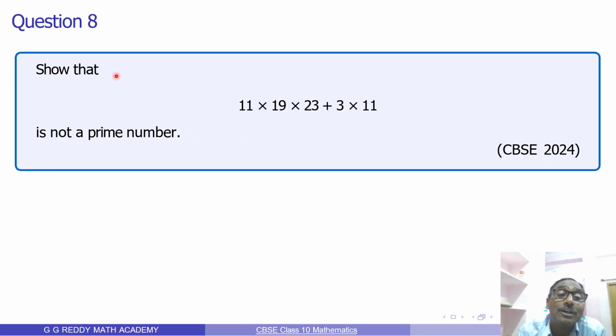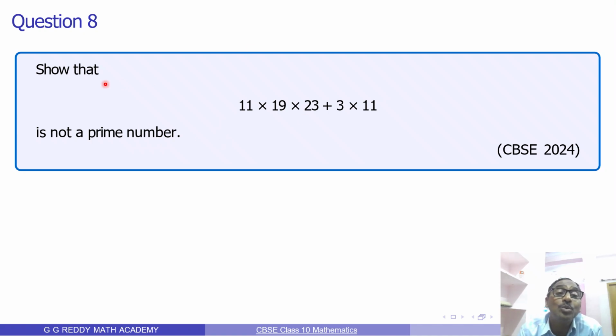Question number 8. Show that 11 into 19 into 23 plus 3 times 11 is not a prime number. Here 11, here also 11, here plus. So you can take 11 common in this term and in this term. You are getting 11 times some integer.